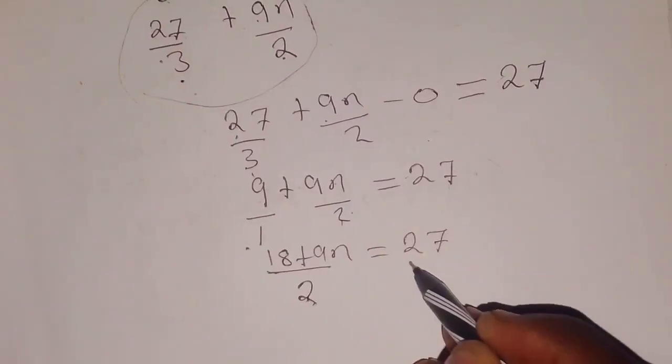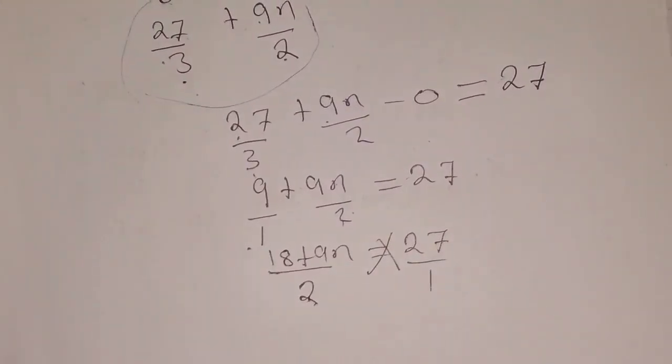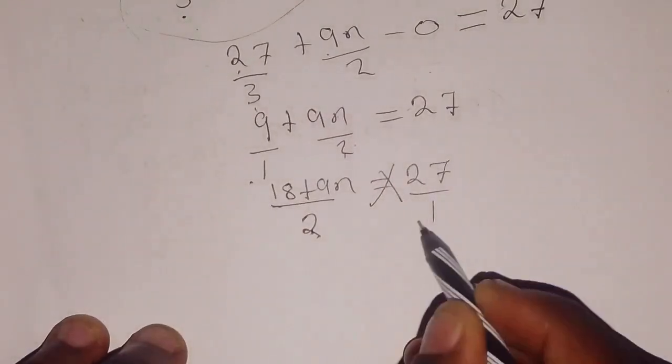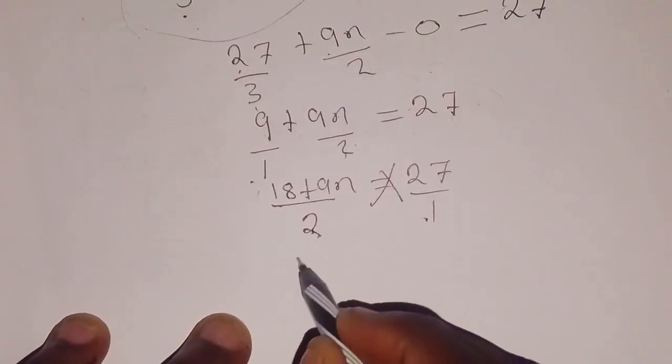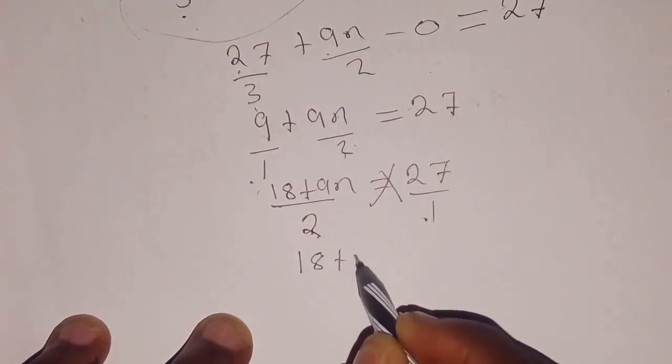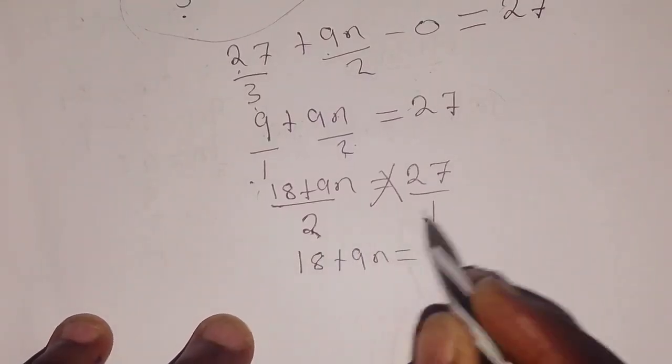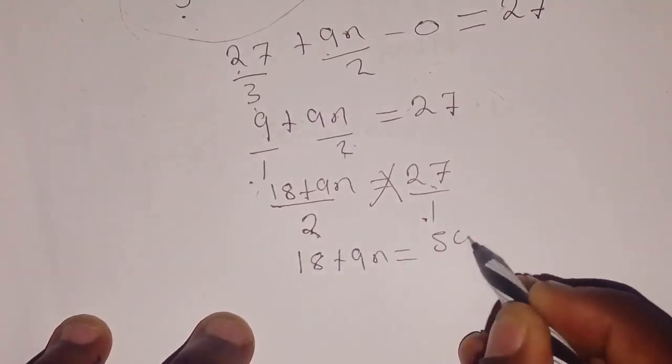Then we just cross multiply. So we're going to have 18 plus 9n is equal to 2 multiplied by 27, which is 54.